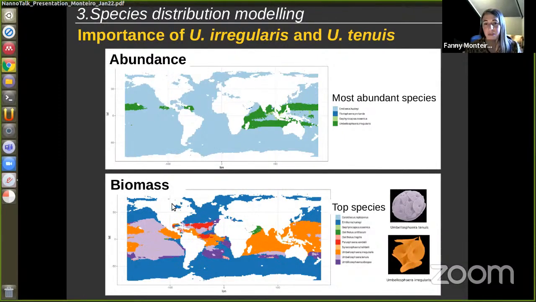But in terms of biomass, Emiliania huxleyi dominates only in the high latitudes and subpolar regions. For the low latitudes, it's actually in orange, Gephyrocapsa oceanica, and in light purple, Umbilicosphaera tenuis, which dominate. And then, interestingly, in the equatorial and subtropical regions of the Atlantic there is a much more diverse population.